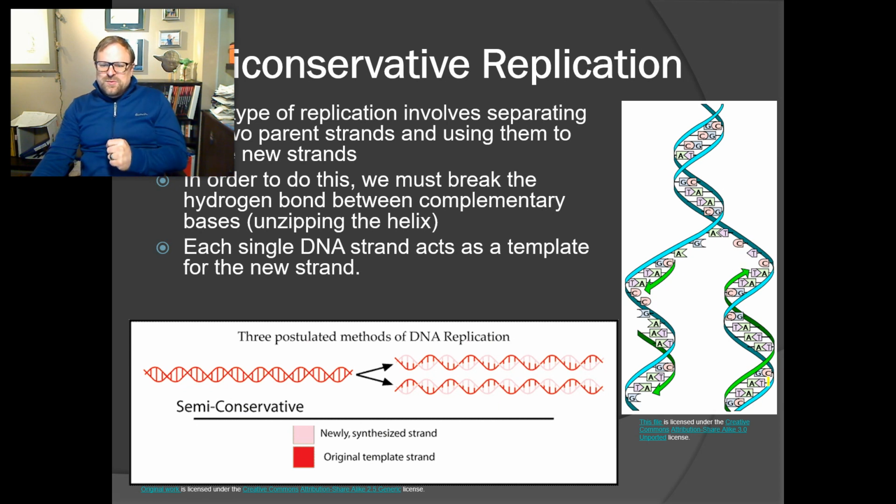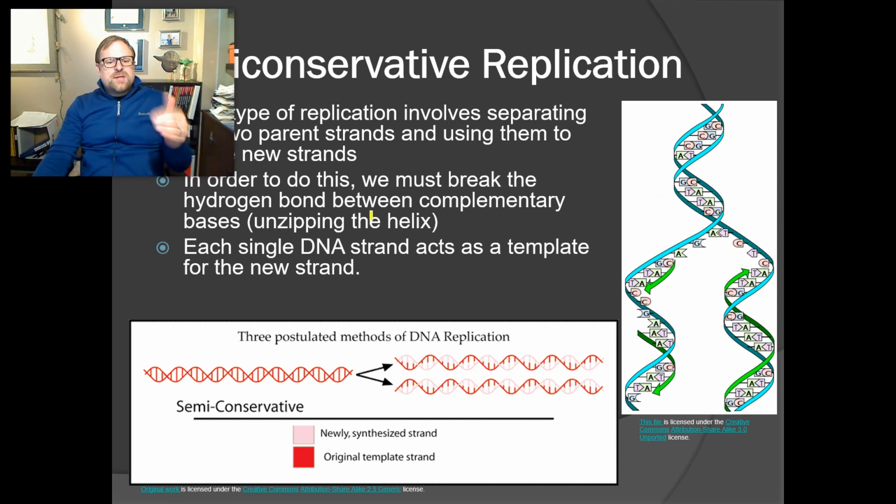This is what we call the leading strand, which replicates continuously, and this is the lagging strand, because as more unzips, it has to start to fill in the blank. This one can continue to replicate continuously because it's just following the direction of unzipping. We'll get to that in a second.